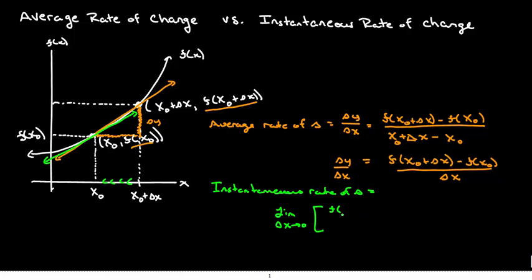So it is just the following, which we have defined as f prime at x naught. So the instantaneous rate of change is the derivative evaluated at the point that you're looking for. So if you want the instantaneous rate of change at x naught, then you take the derivative at x naught.